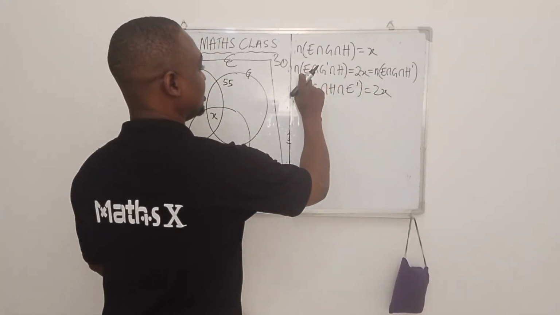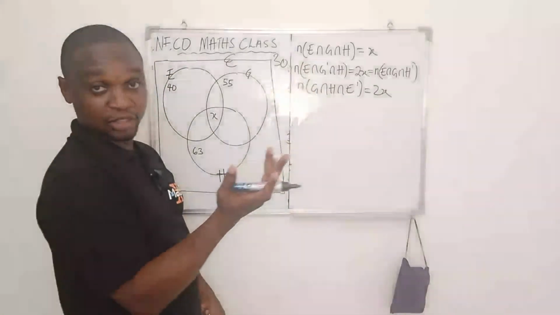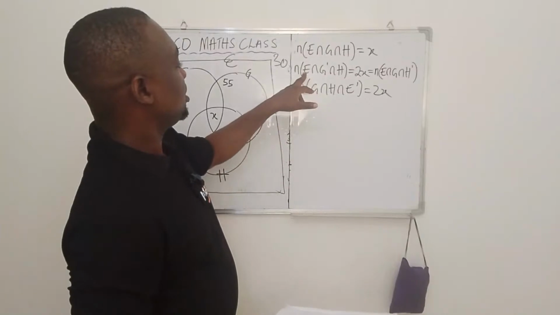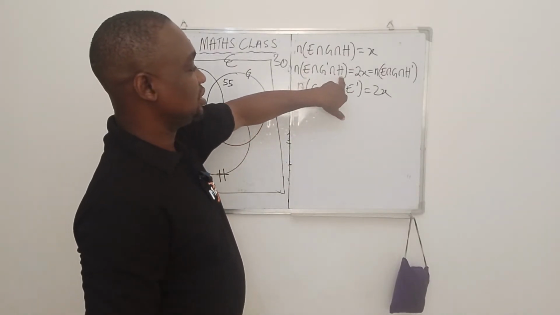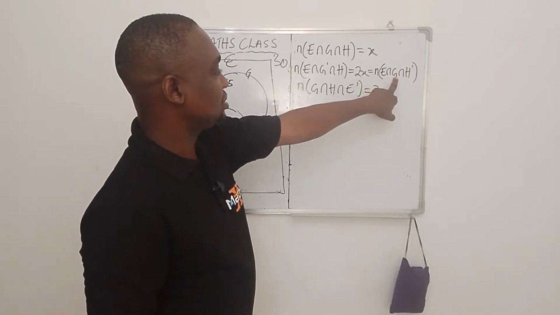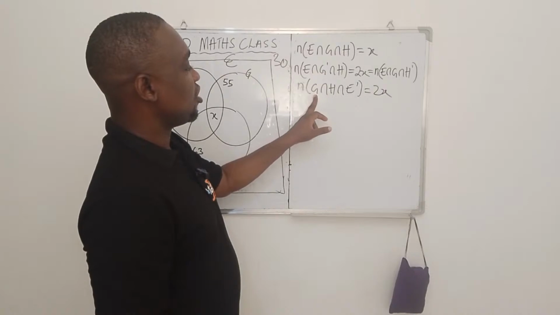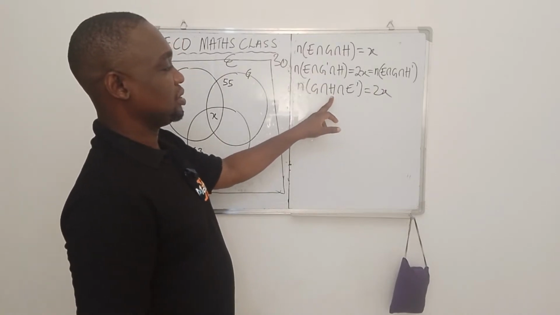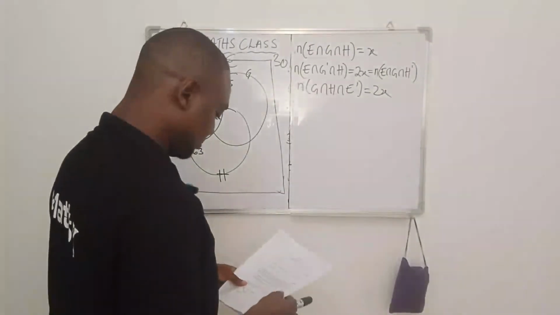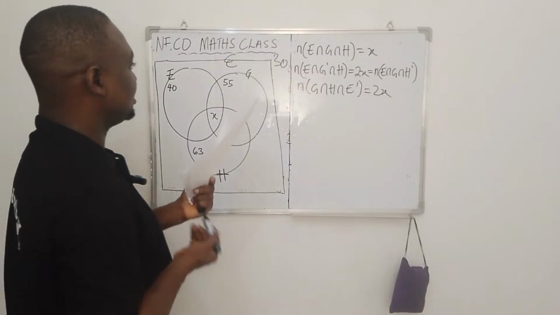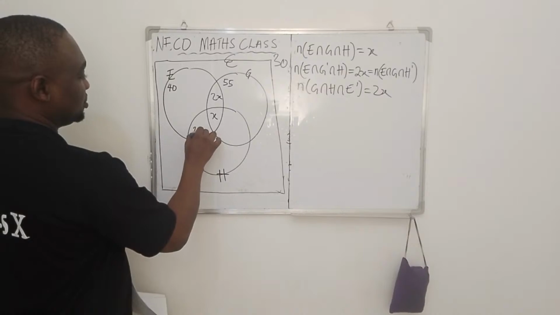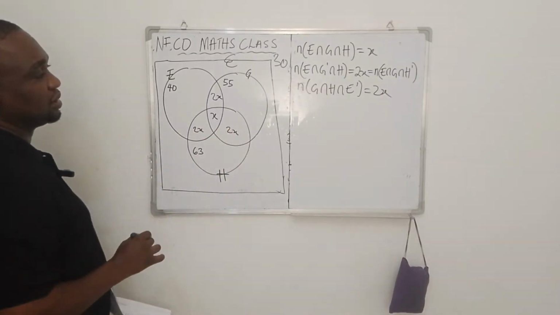So this represents, by set notation, strictly the number that study economics and geography, 2X, economics and government, 2X, and of course, government and geography only, so excluding economics. So that's what we have there. And if that is the case, I have here a 2X, a 2X, and a 2X.